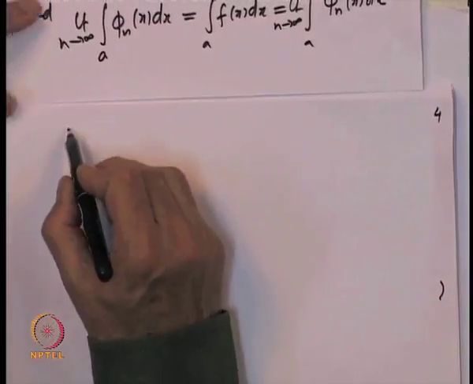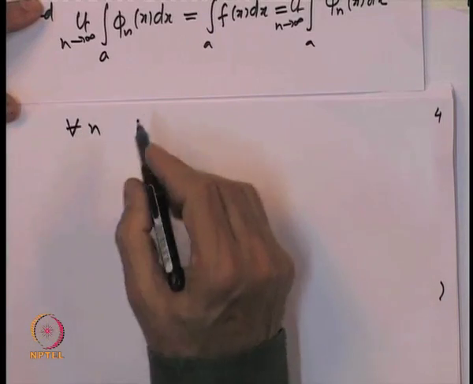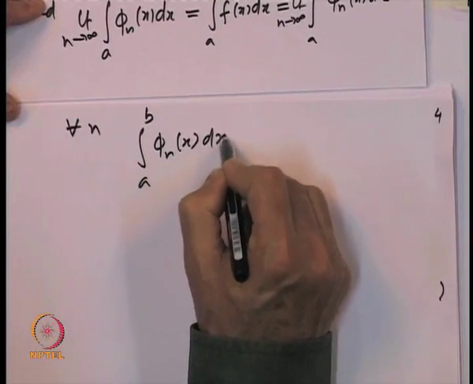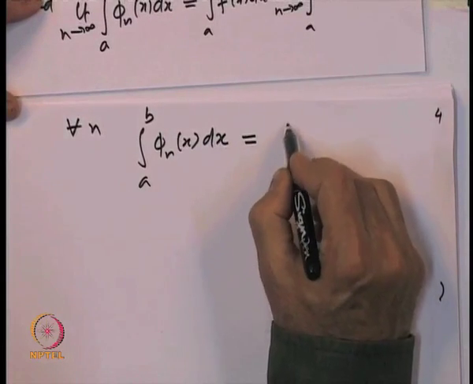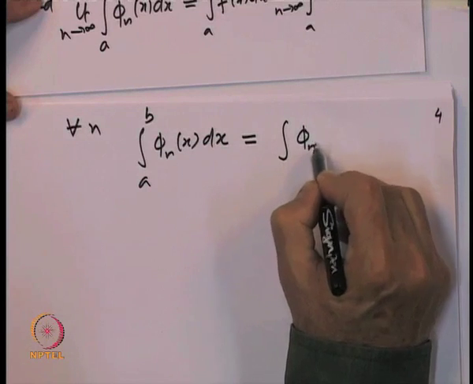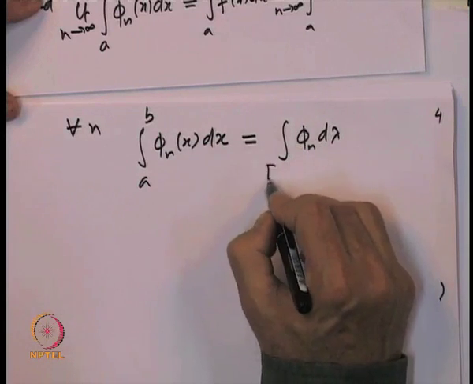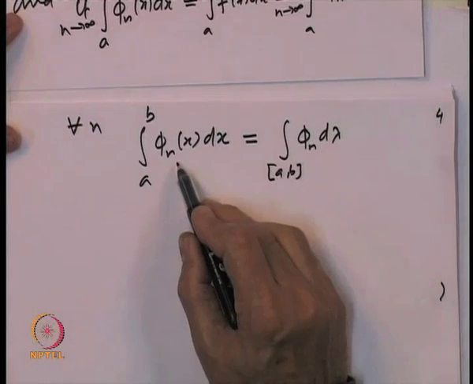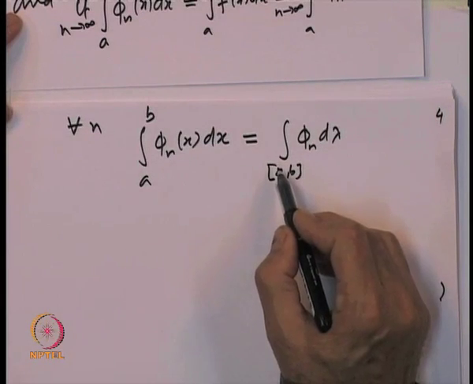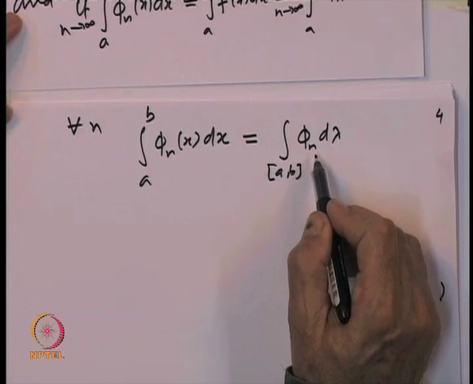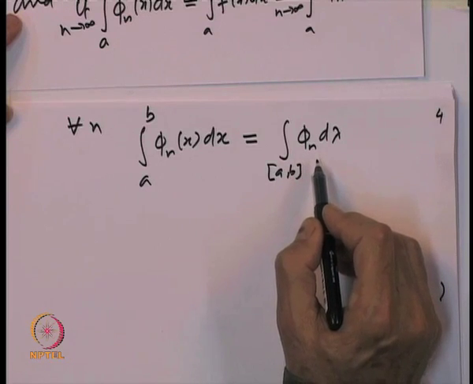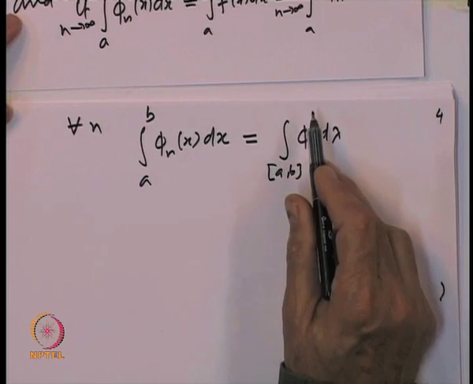So, the observation is that for every n, the integral from a to b of phi n x dx, the Riemann integral, is the same as the Lebesgue integral of the function phi n over the interval a b. This observation is simply by the fact that phi n is a step function, hence a simple measurable function, whose integral is nothing but the value times the Lebesgue measure of the portion on which that value is taken, that being the sub intervals.